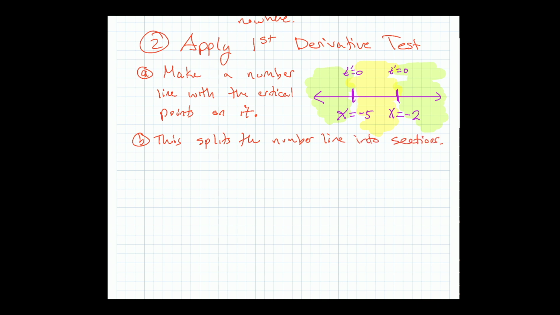And the key is that in each section the derivative does not change sign, because in order to change sign from plus to minus, it would either have to go through 0, but it can't go through 0 because we know exactly where the critical points are already where it goes through 0, or it would have to jump from positive to negative without going through 0, in which case it would be undefined. So the point is it can only change from plus to minus at a critical point. So this splits the number line into sections. The derivative does not change sign in each section.